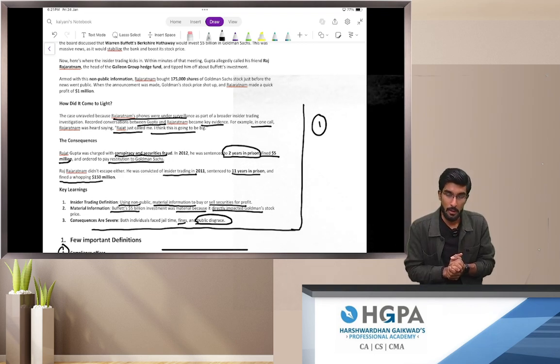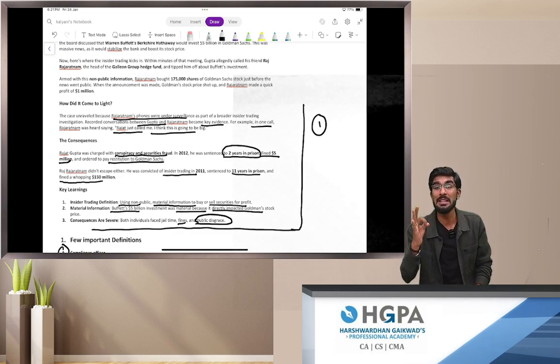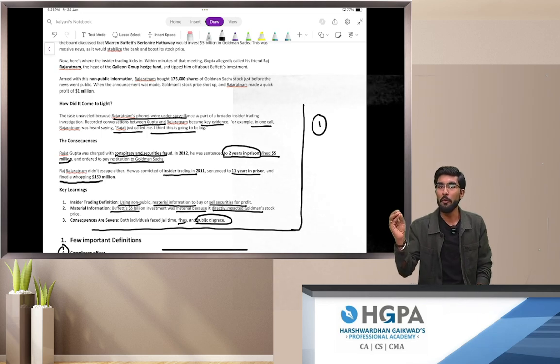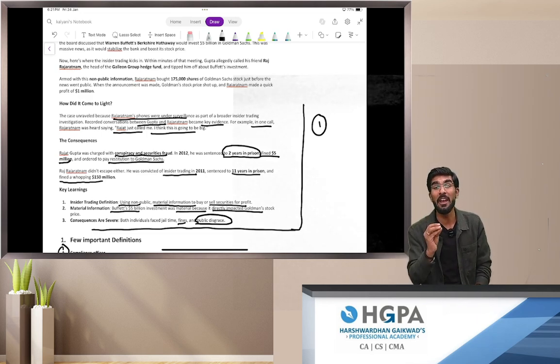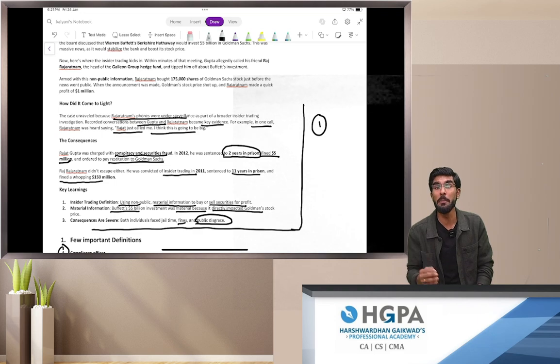Now the question is, what is the meaning of price sensitive information? The information that Warren Buffett is going to invest $5 billion in Goldman Sachs is called unpublished price sensitive information. What is it called?